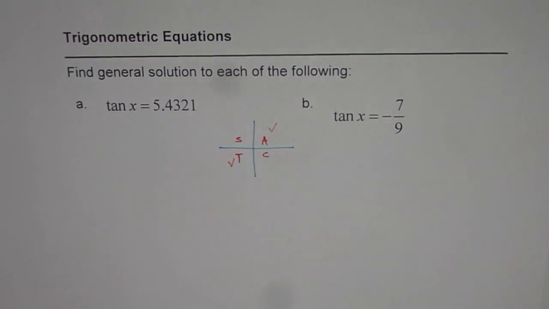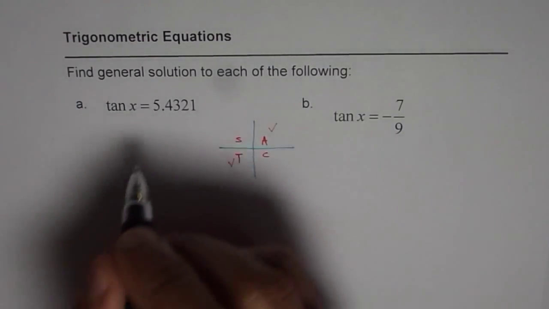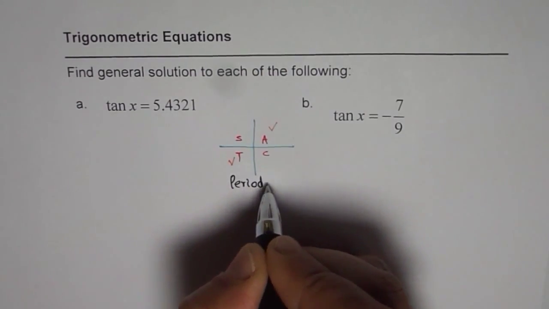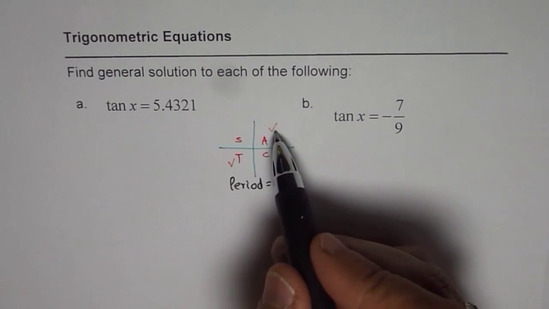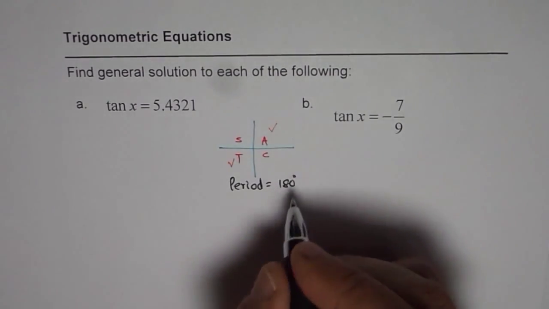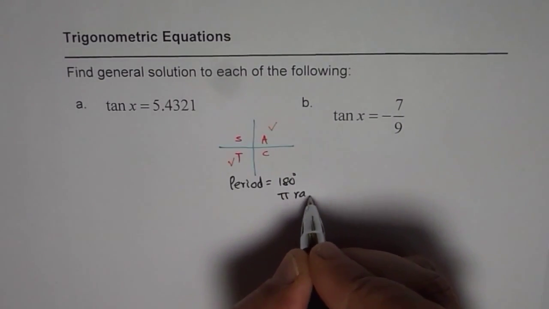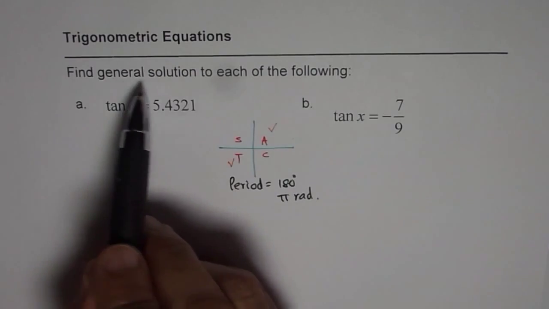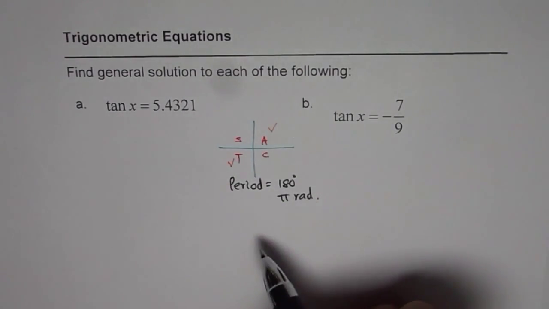You also know that the period of tan is 180 degrees. The tan function repeats after every 180 degrees, or when you're working in radians, pi radians. That will help us write the general solution because every solution will repeat after 180 degrees.